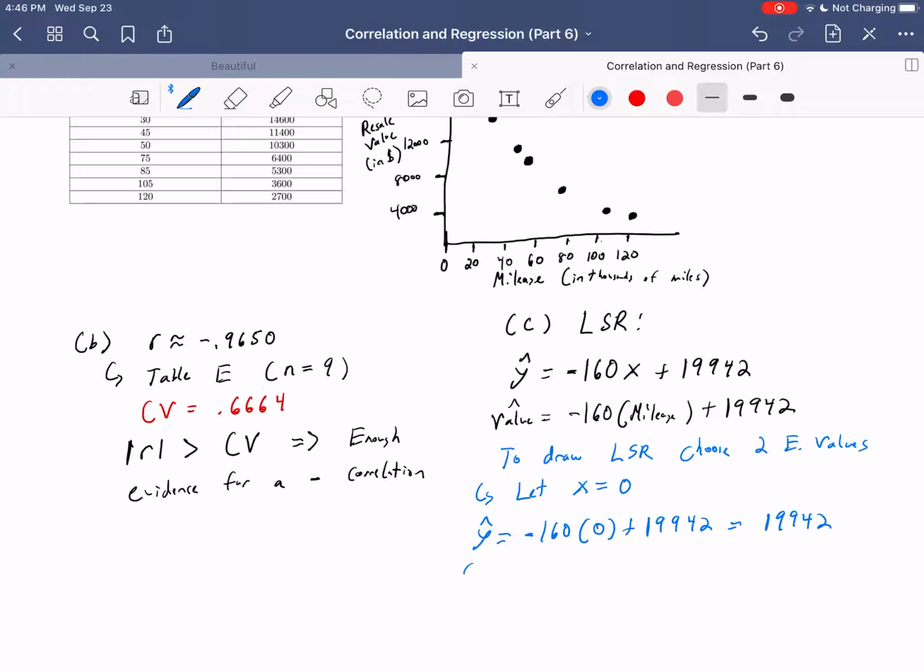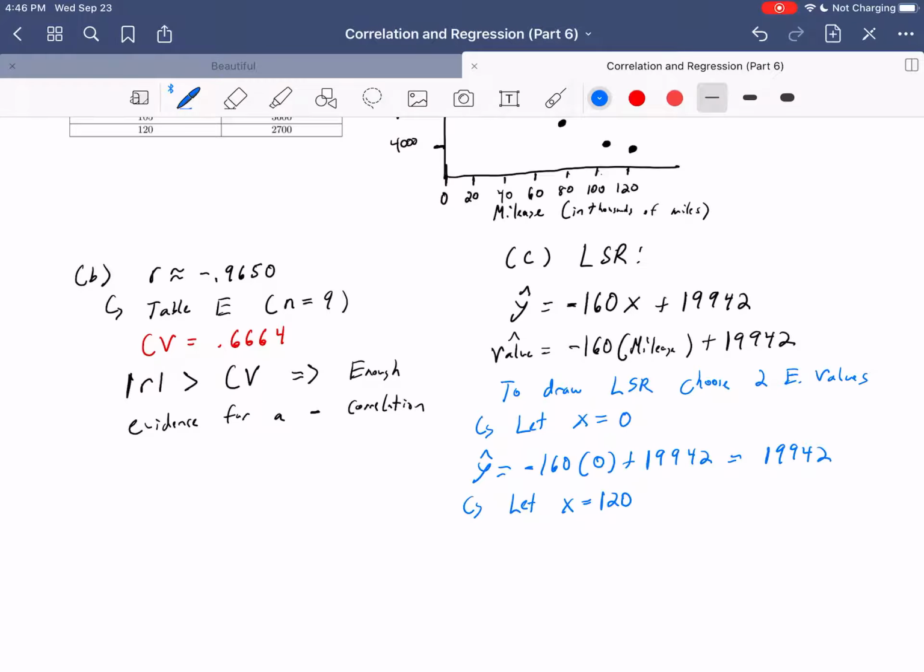And then for our other one, let's go ahead and let x equal 120. If we do that, we should get that the predicted y is negative 160 times 120 plus 19,942. And if we type that into our calculator, we should get 742.